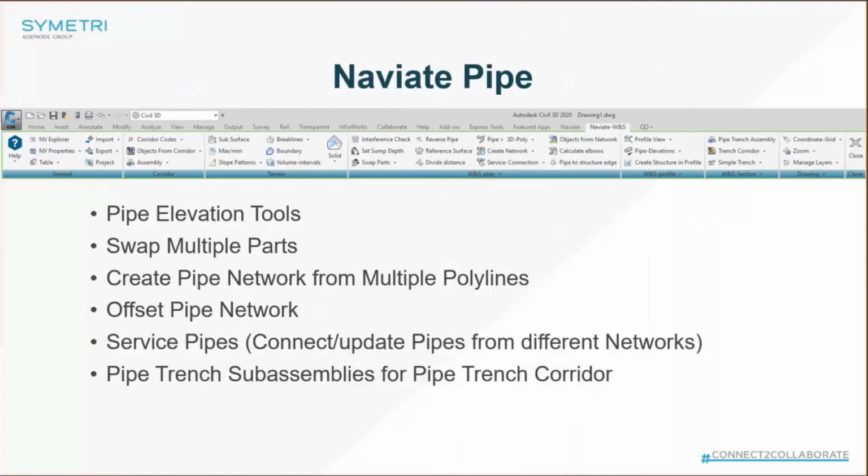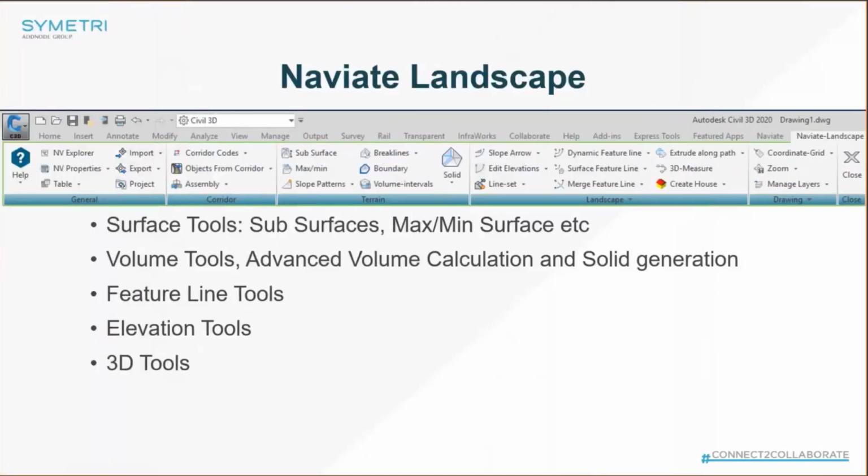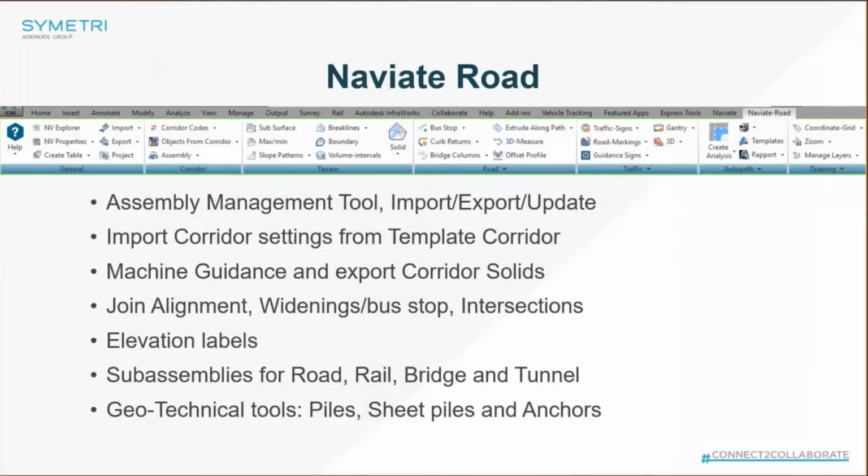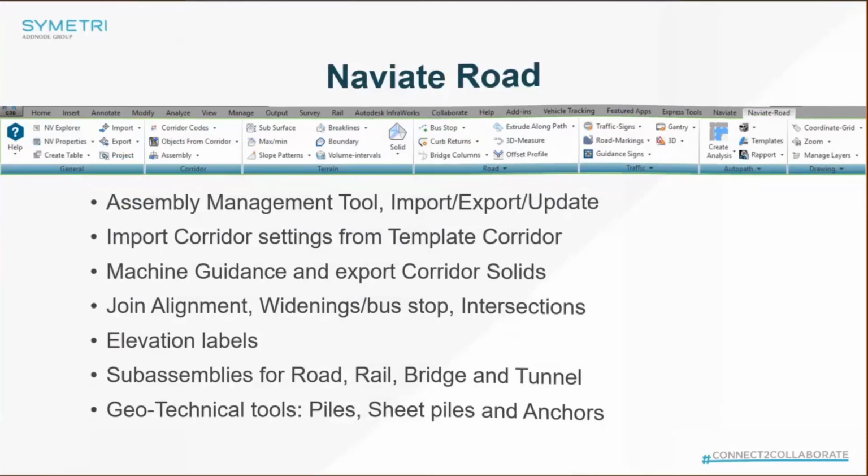Just very briefly, as I said, 3 modules: Naviate Pipe, Naviate Landscape with surface elevation tools and so on, and Naviate Road for more road design tools incorporating assembly management and corridor settings and a few other things there.